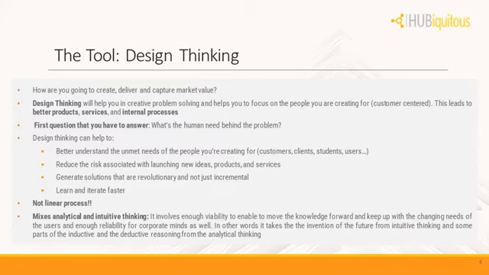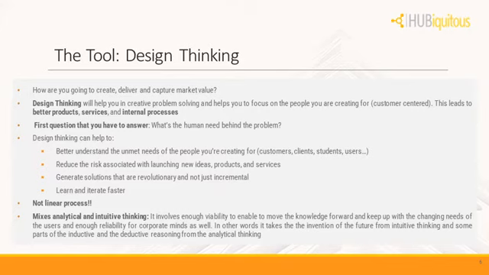That means that we are going to mix a more scientific mind with a more creative mind. You are going to involve the viability that is related to the creative minds, the intuitive thinking, to move the knowledge forward and keep up with the changing needs of the users. You are going to adapt your solution to the user always, thanks to the intuitive thinking.